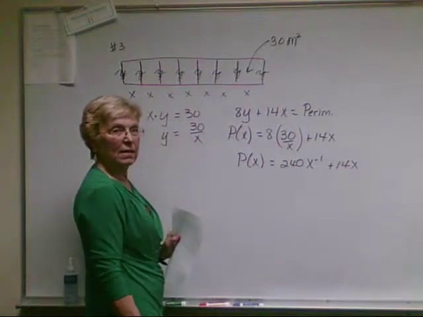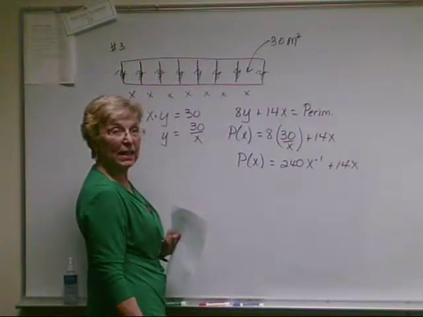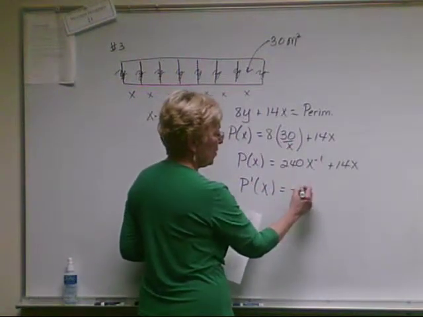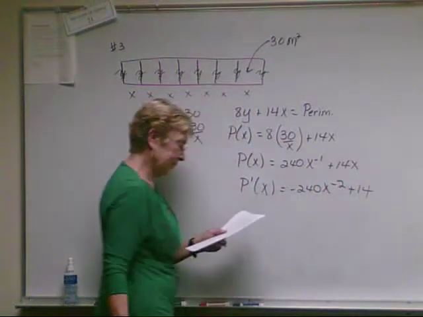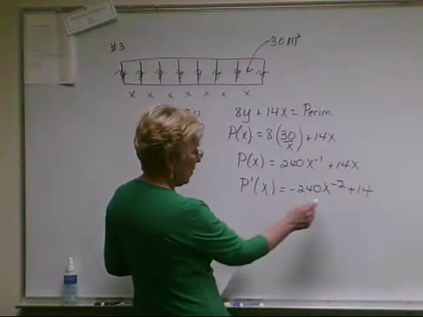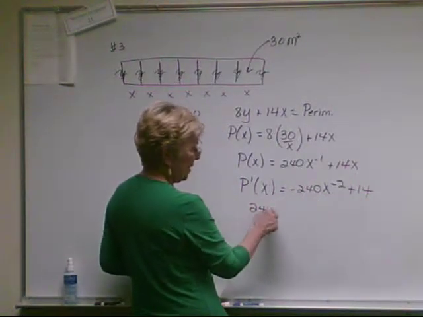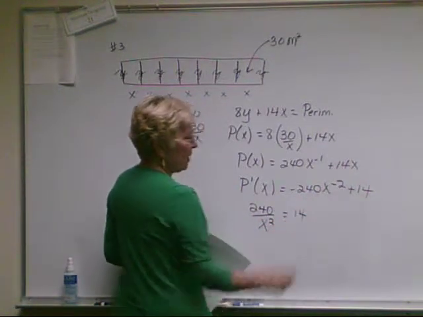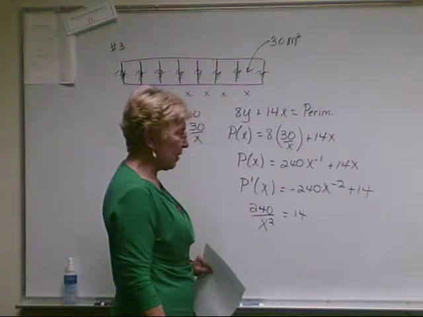And then the regimen is to take the first derivative and set it equal to 0. So the first derivative is going to be minus 240 x to the minus 2 plus 14. And then we said we could rewrite this on this side, so positive 240, and the x to the minus 2 we can write in the denominator because it makes it look easier to find the solution for x by cross multiplying.